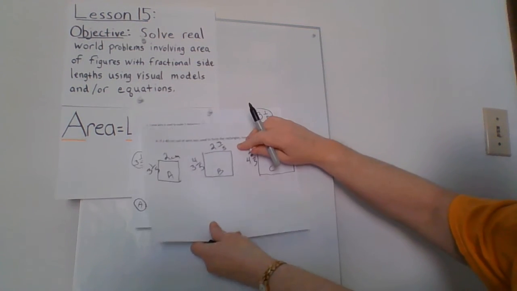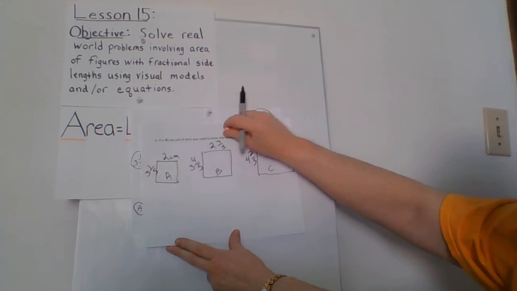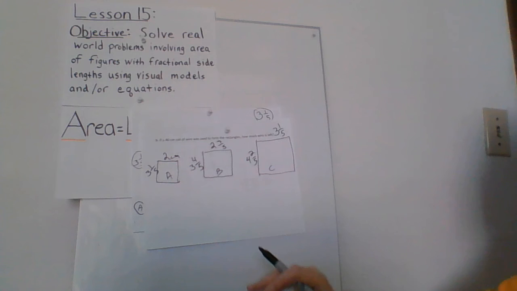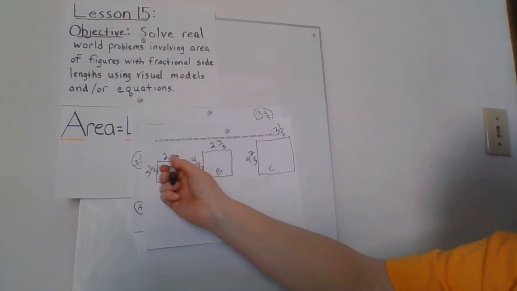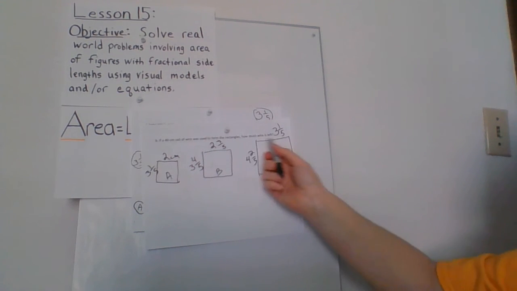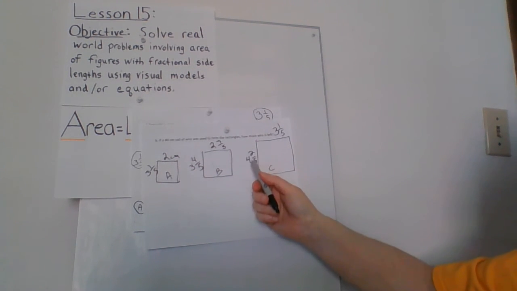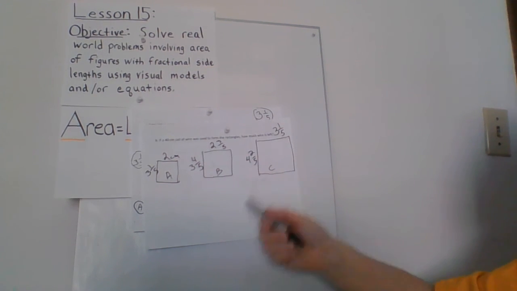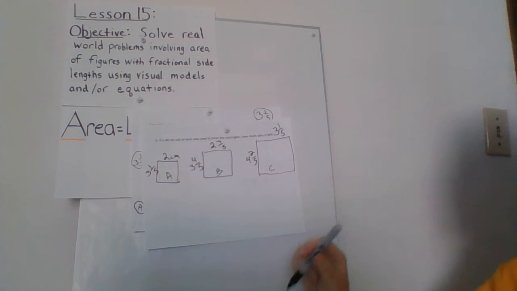Okay, so those were the measurements that we already had from part A. We found the length and the width. But now they're asking us to find how much wire went around each box. And then of that 40 centimeter coil of wire, how much is left when we were done doing that?